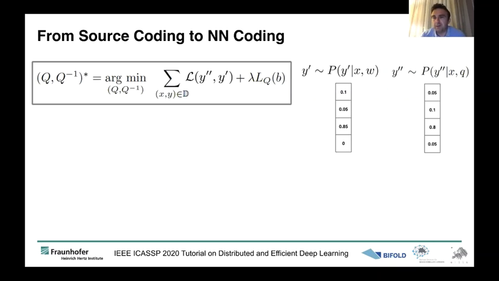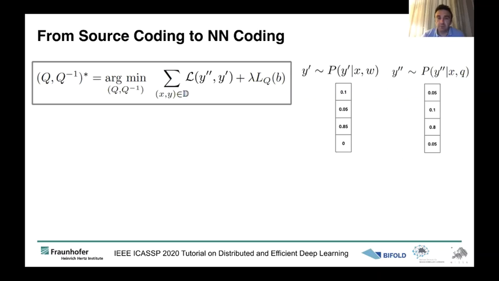So here, y dash is the original output with w, with the true weights, and y double dash is the output distribution with the quantized weights, with q.